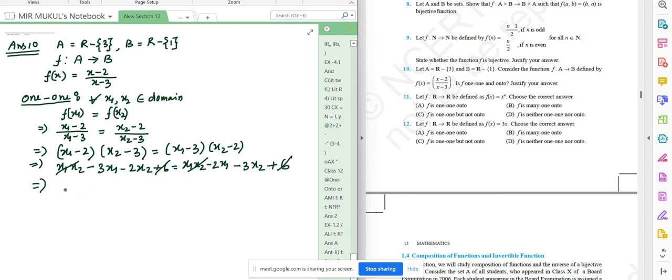Now minus 3x1 minus 2x2 equals minus 2x1 minus 3x2.